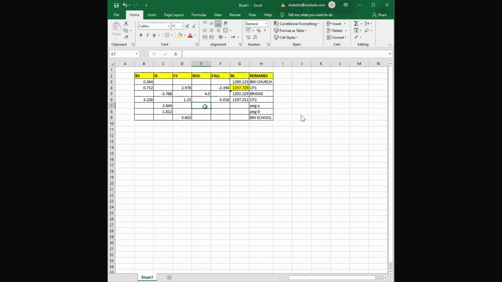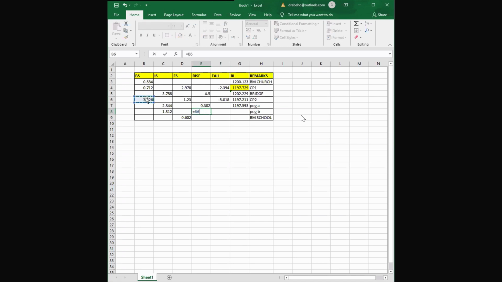Good. So then is the next a rise or a fall? A rise. Good. Next is a rise. Back sight is bigger than intersight. So we add this onto the reduced level of CP2. And then the next is a rise too.